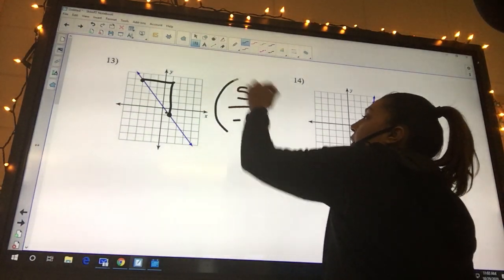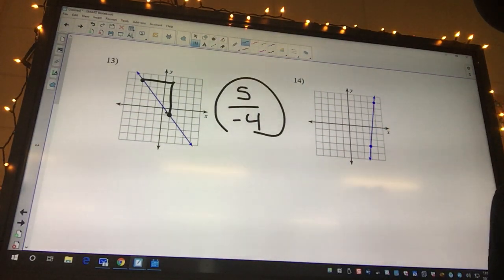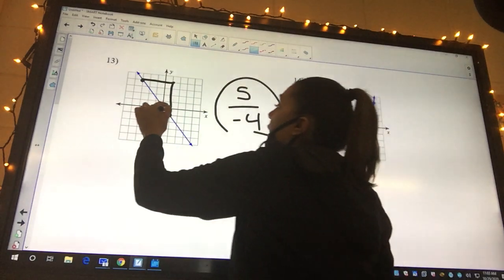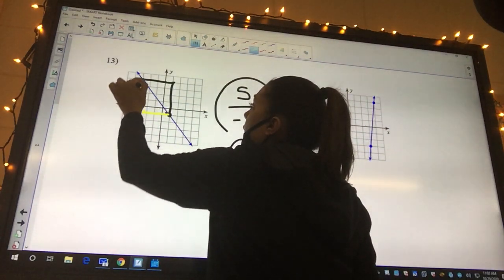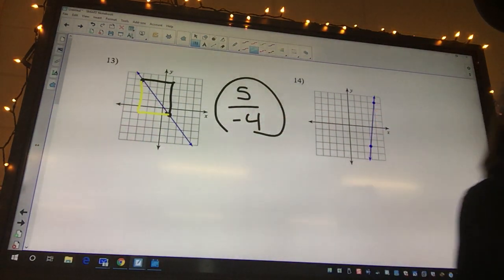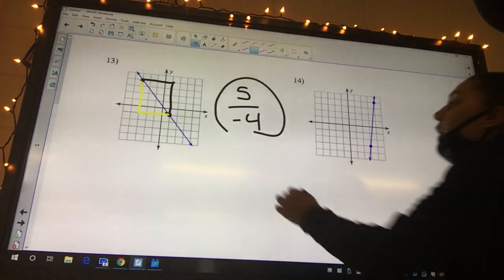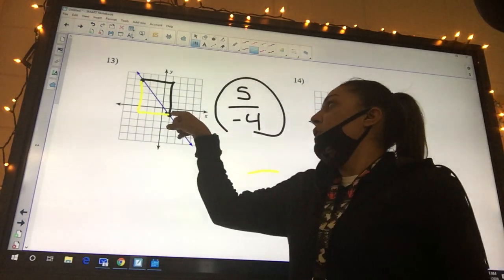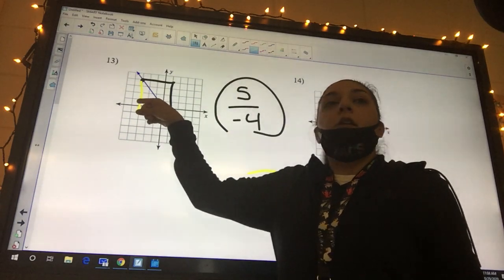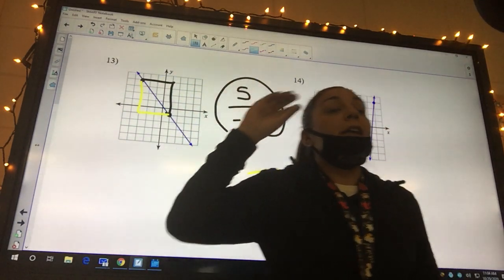The left was negative. Had you gone this way, and I'm going to do it in red, if you connected your dots like this, or yellow, it's still the same except you need to think about what you're doing. We can't just start counting over. What does rise mean?